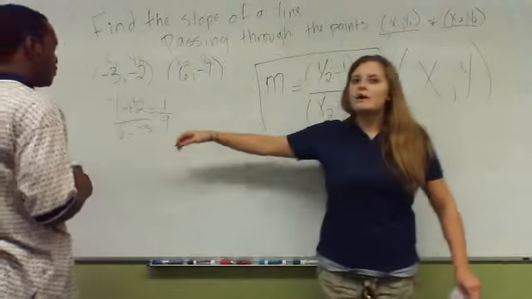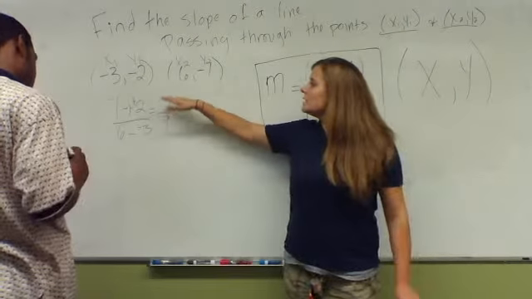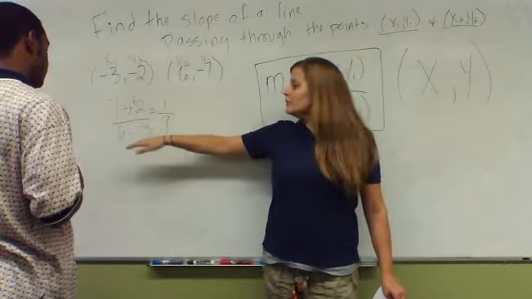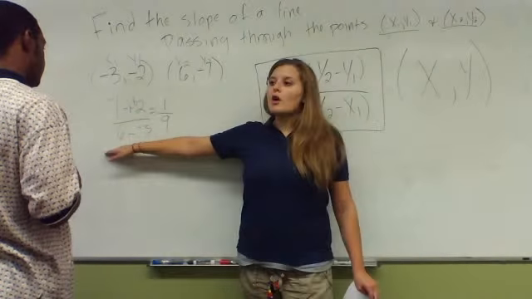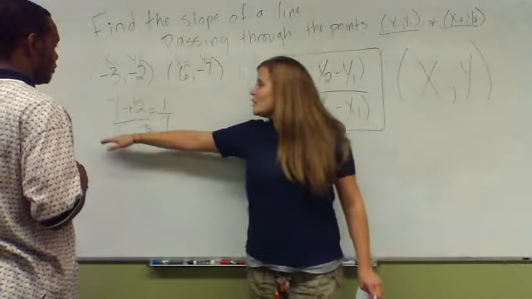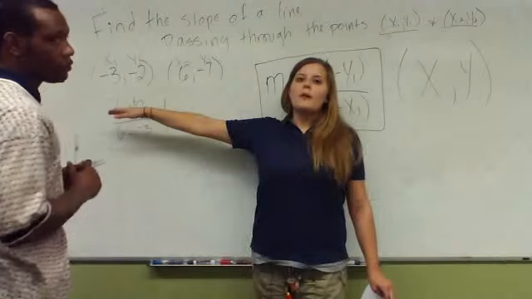Okay. Alright, we're back on. Okay, so we plugged in a negative 1 for our y1, a negative 2 for our y2, a 6 for our x2, and a negative 3 for our x1. We subtracted across.